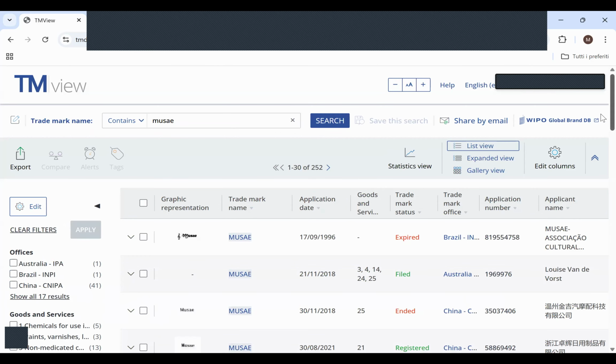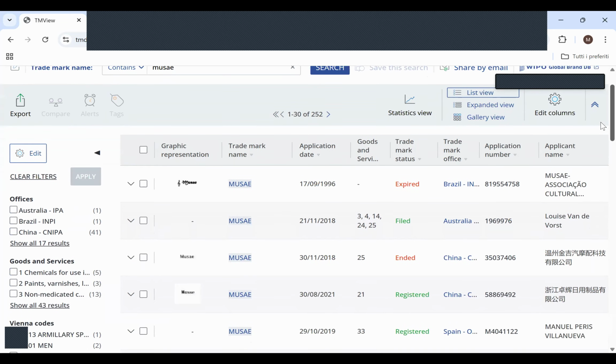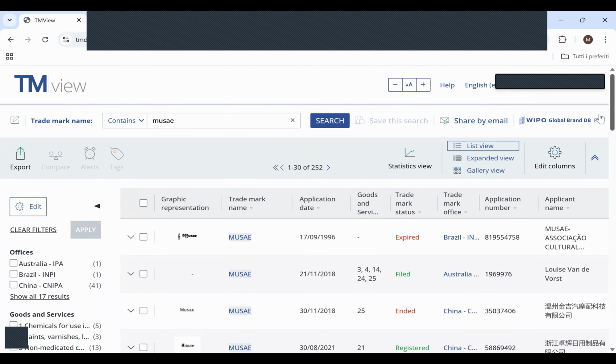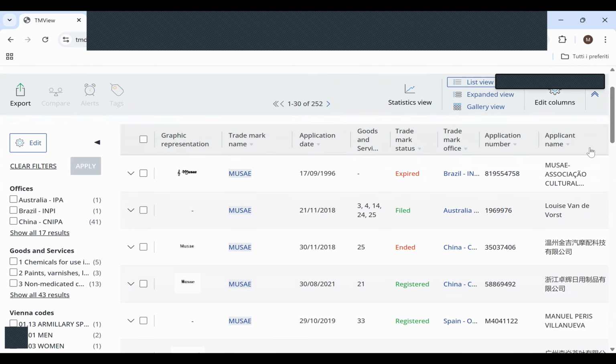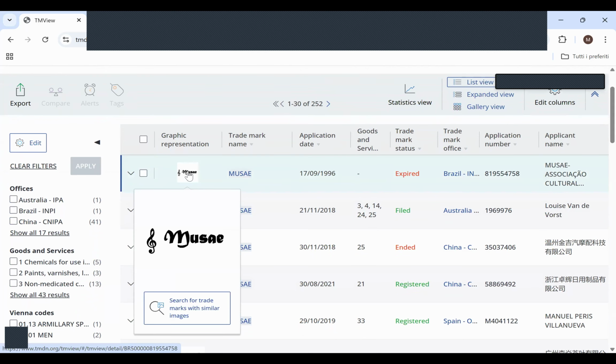It's English now? Yes. Okay. So I've searched this name, this mark, and you initially get a list view in which you have the different representations of the trademark.